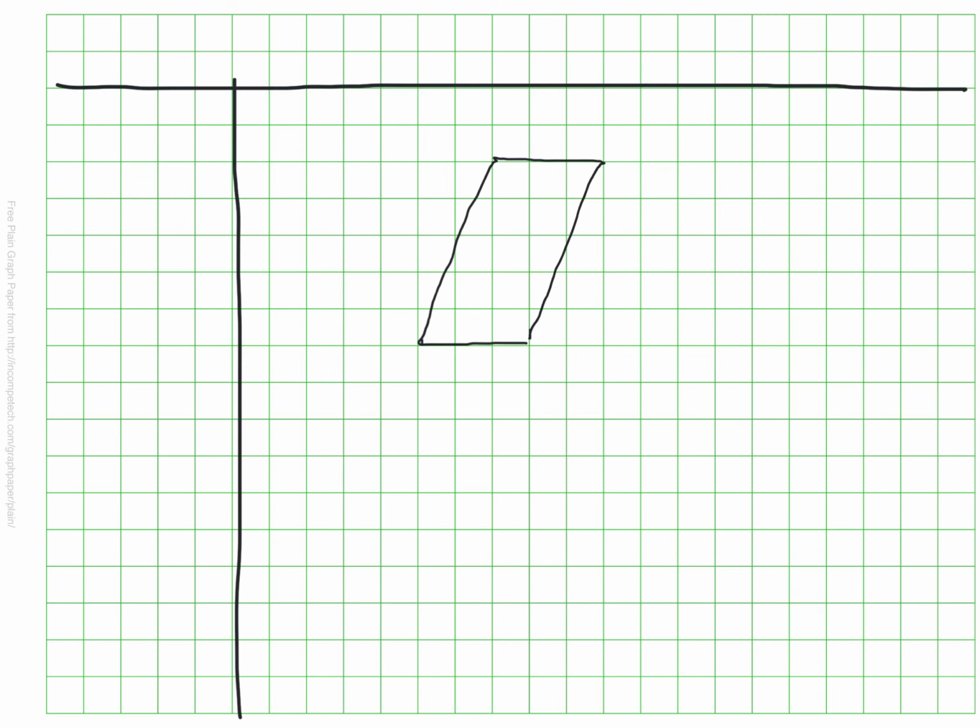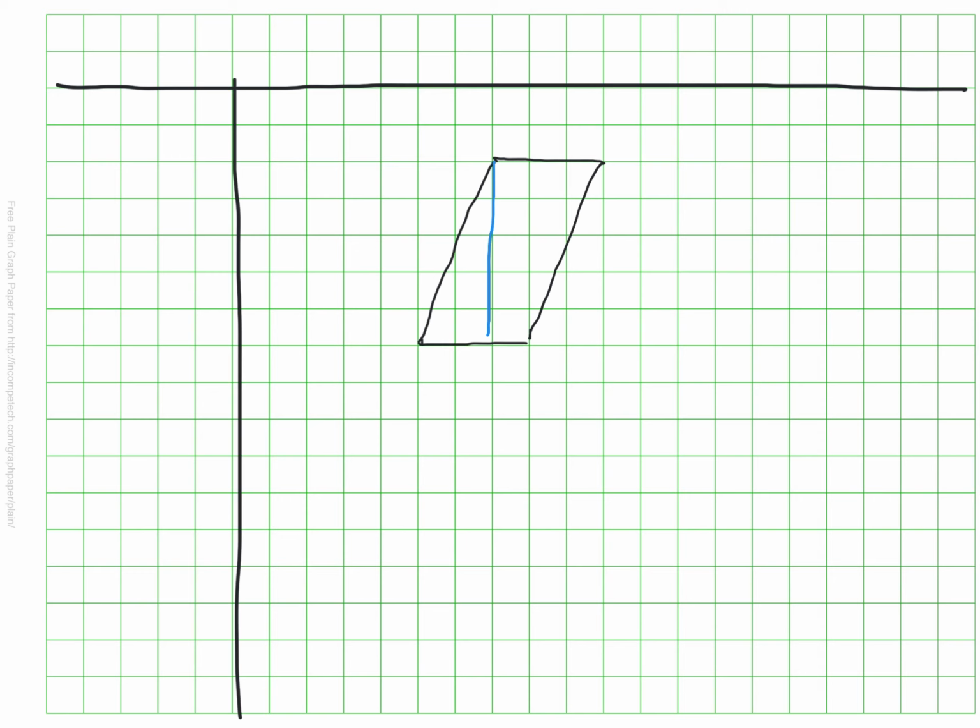Let's use our strategy to find the area of this parallelogram. It's a little bit wobbly, sorry, it's hard with my pen here. But we're going to use the strategy where we look for the rectangle that we can make this into. So I see here that I have a line that I can make that makes a triangle. And actually that would serve as the height of this parallelogram, right?